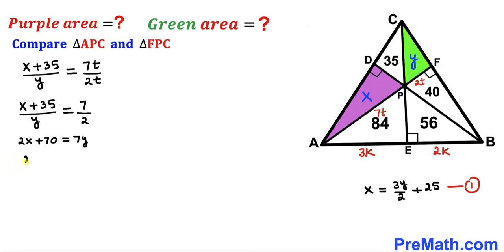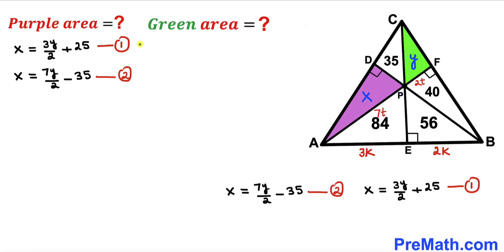So therefore we are going to have 2x equal to 7 times y minus 70. And now I am going to divide both sides by 2 across the board. And here we can see that x is going to be equal to 7y divided by 2 minus 35. I'm going to label this one as our equation number 2.